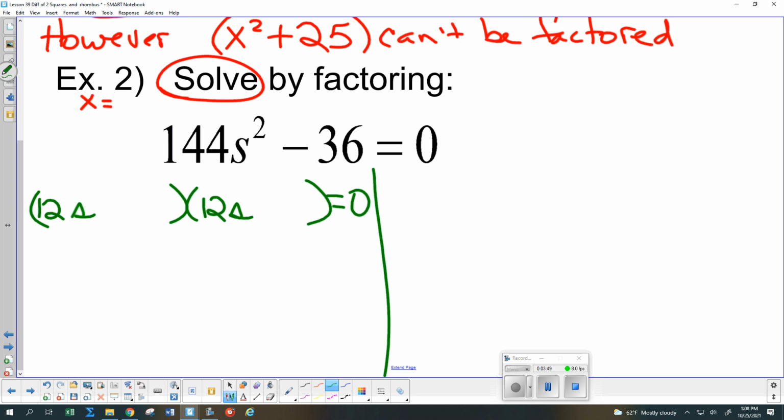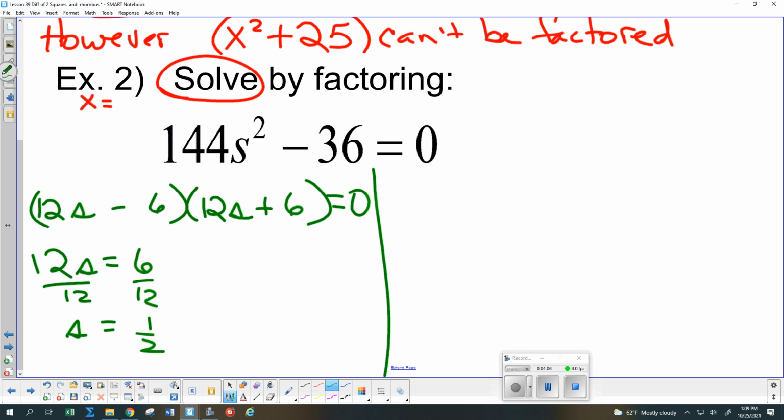If it equals 0, can we take the square root of 36? Everybody, what is it? So end with a 6, one of them with a plus, one of them with a minus. That means 12s could be 6, so s could be a half. 12s could be minus 6, so s could be minus a half.